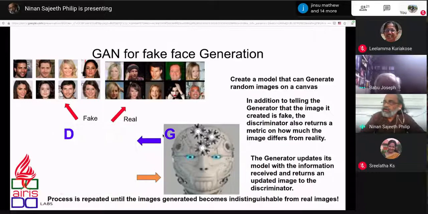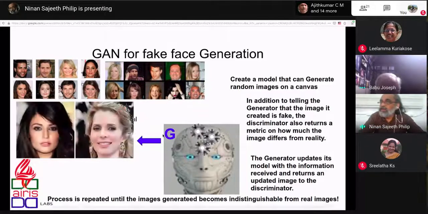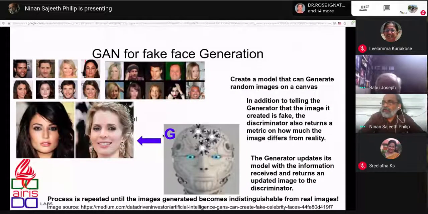Now, the important point is that once this learning is over, we don't need the discriminator anymore. The generator can keep on generating new images of people who are not real, fake faces of this kind and of high quality.